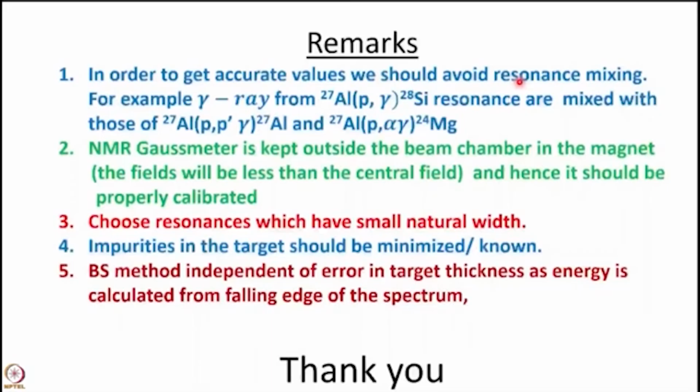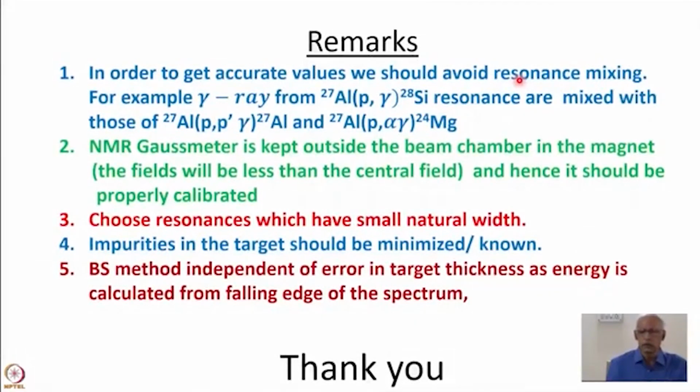So there may be some resonances using other reactions or the same target projectile combinations, and if they are very close to each other, then there will be error in it. So we should try to avoid it. We should only choose the resonances which are well separated from other resonances, and therefore in order to do the actual measurement, this should be taken into account.